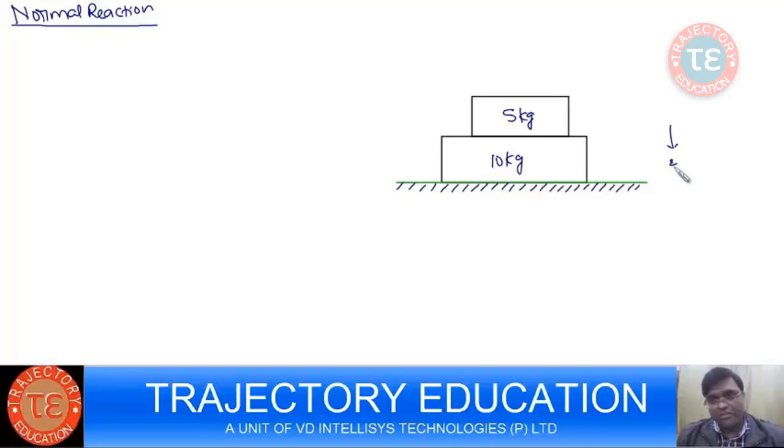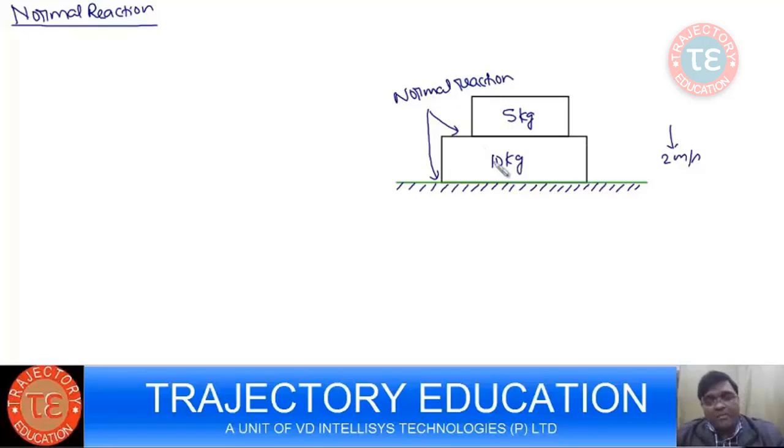We say the acceleration is 2 meters per second squared, and the question is, we find the normal reaction at the interface of these two blocks and the normal reaction between the 10 kg block and the earth, the ground. So we have to find the normal reaction at these 2 points.